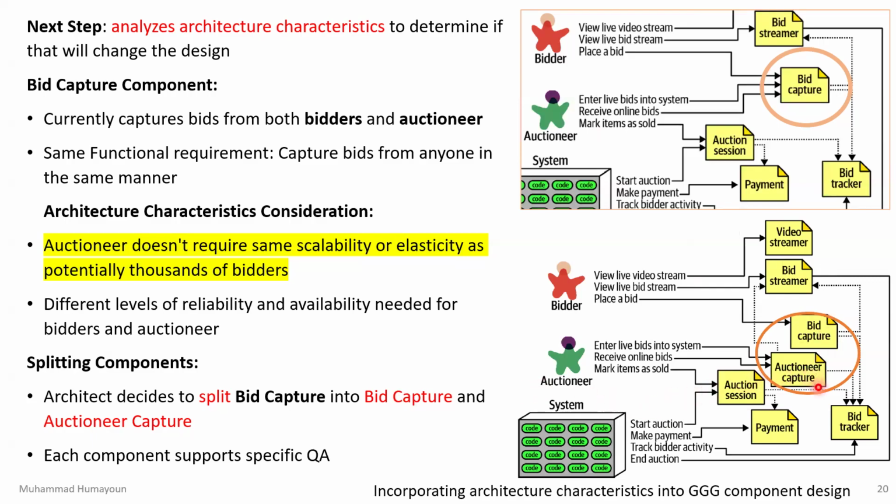However, this auctioneer capture does not require the same kind of scalability and elasticity, because auctioneers are far fewer compared to the bidders. Okay, so what we did, we just incorporated architectural characteristics into our initial components that we identified, and then we changed our design or components accordingly.